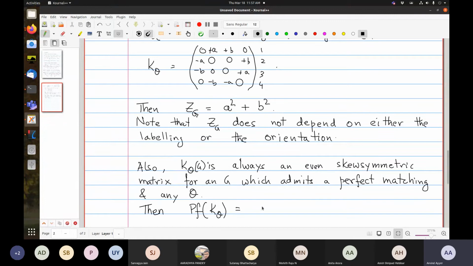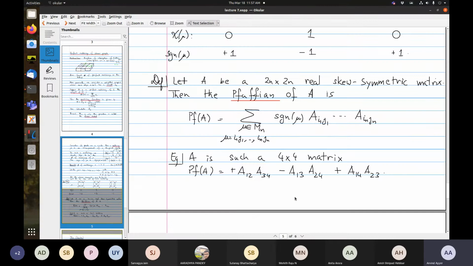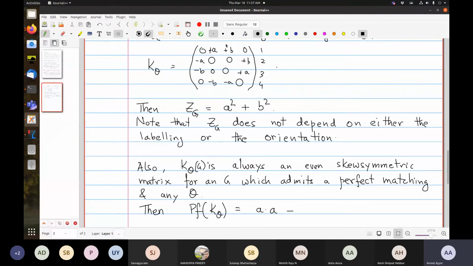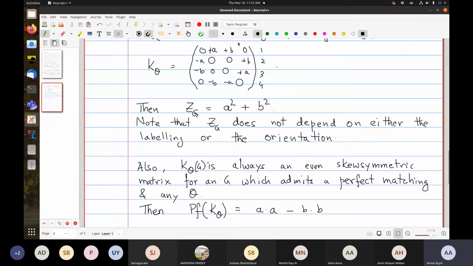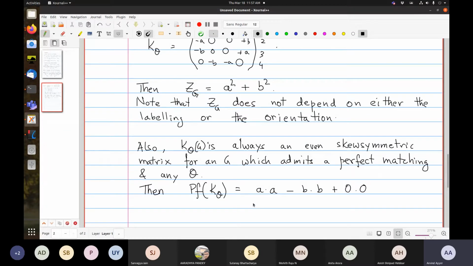A12 is A, times A34, which is A again. So that's A times A, minus A13, which is B, times A24, which is B, plus A14, which is 0, and you get 0. So which is A squared minus B squared.